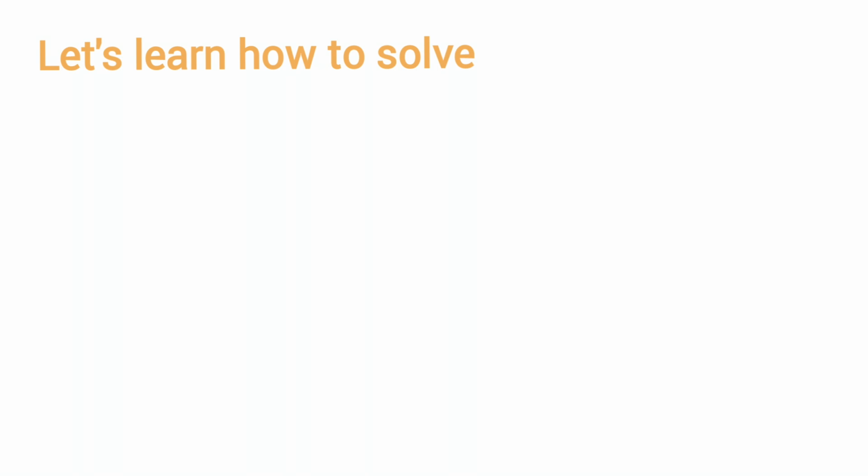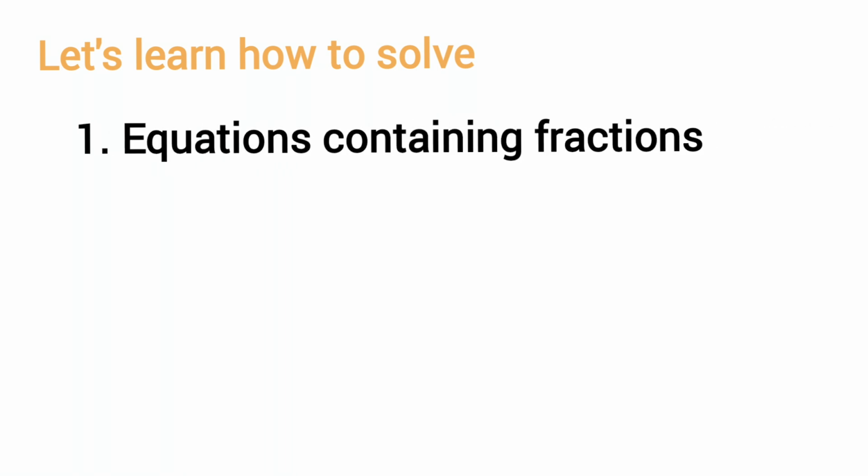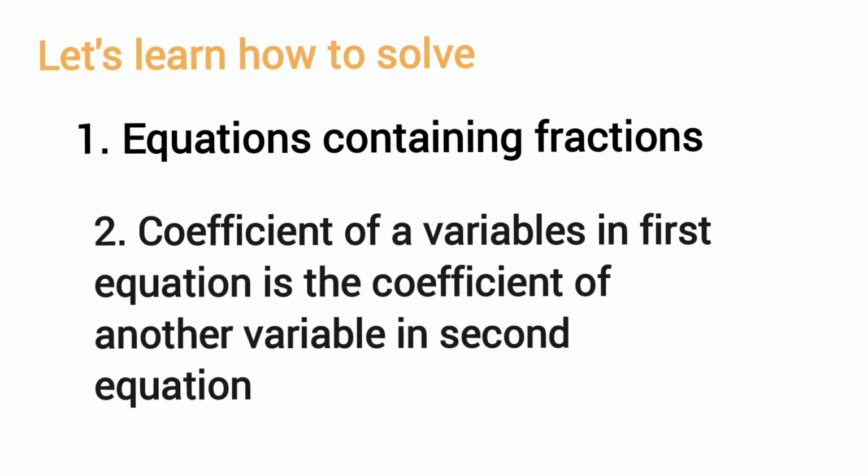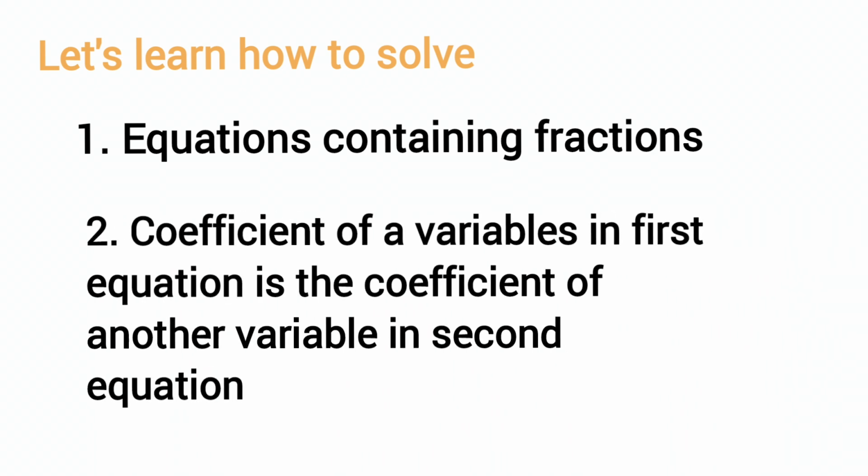Hi, in this class you will learn how to solve linear equations containing fractions and how to solve linear equations containing a coefficient which is with a variable in the first equation, whereas the same coefficient is with another variable in the second equation.